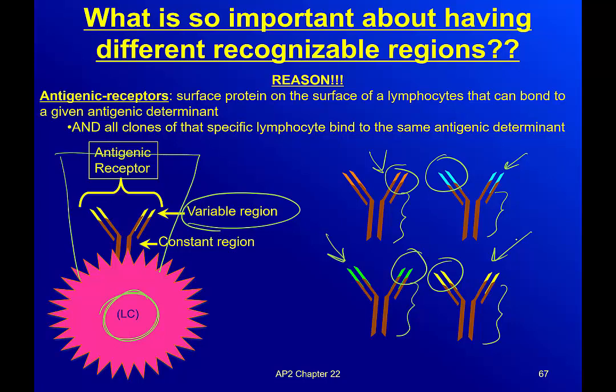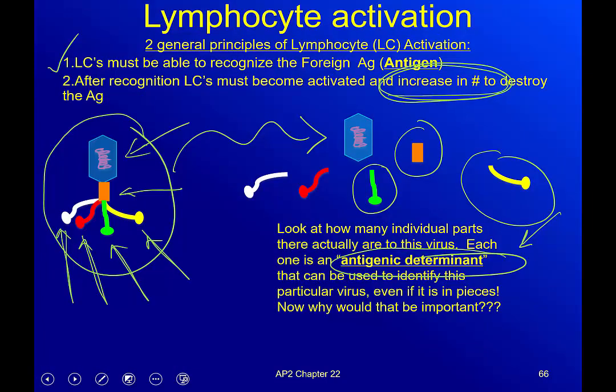So if I have one lymphocyte that recognizes the yellow leg, I have another that recognizes the green leg, I have another that recognizes the blue capsid, I've actually increased the numbers in my army because now I've got a more diverse army that can recognize different targets on the same target or different parts of the same target.